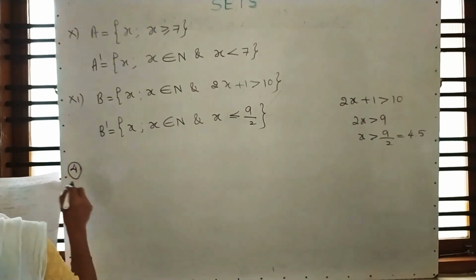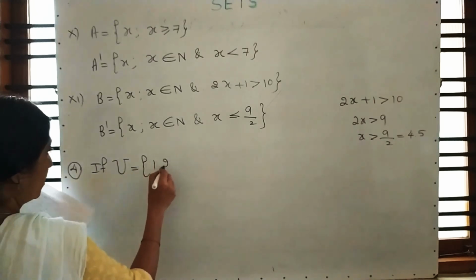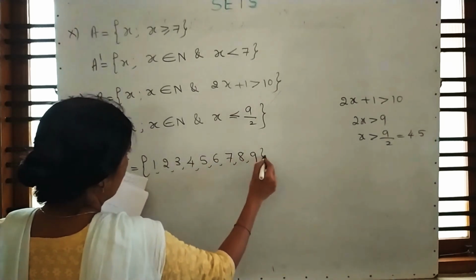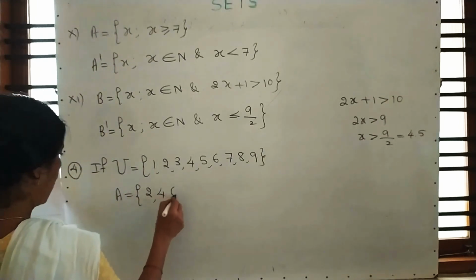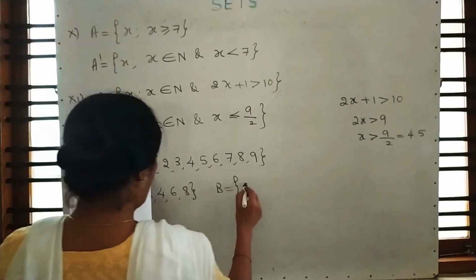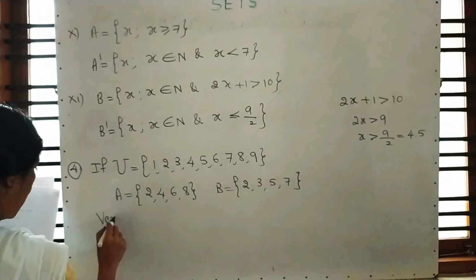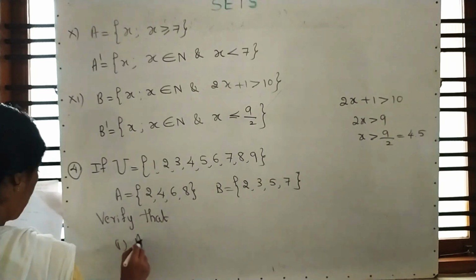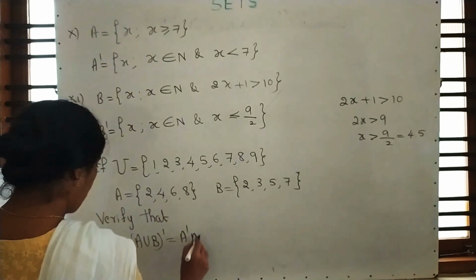Next, fourth main question. If U is equal to 1, 2, 3, 4, 5, 6, 7, 8, 9 and A is given as 2, 4, 6, 8, B is given as 2, 3, 5, 7. Verify that first one, (A union B) complement is A complement intersection B complement.